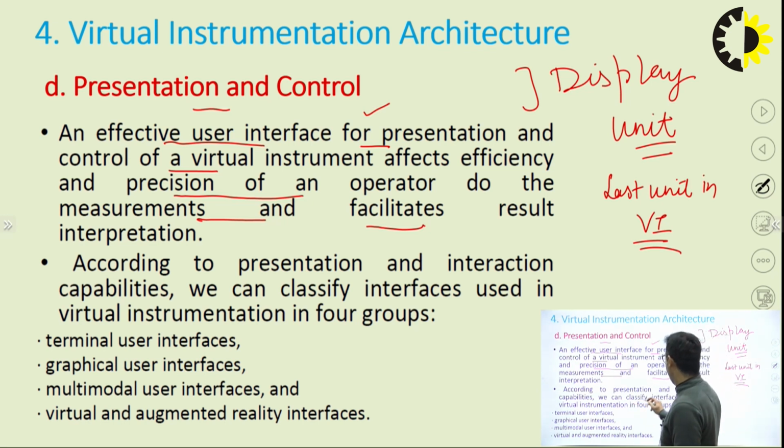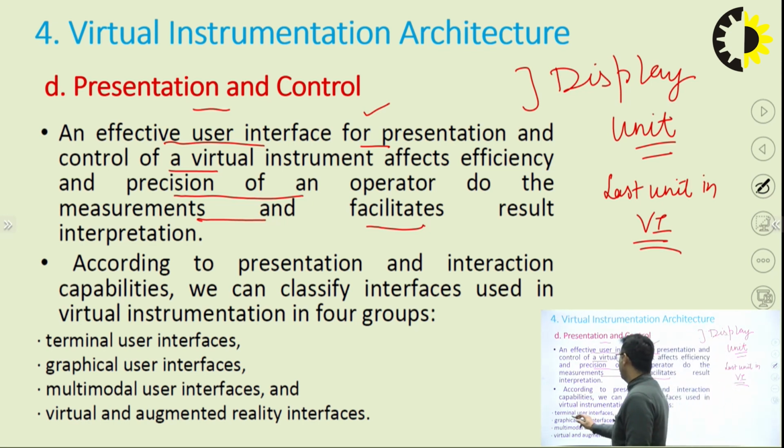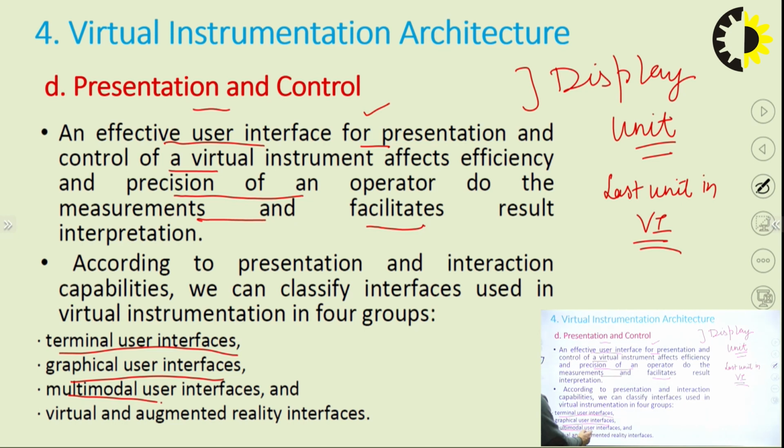So what kind of interfaces are used? That is terminal user interface, graphical user interface, multimodal user interface, and virtual and augmented reality interface. This is very much popular these days. But we are going to discuss the GUI, that is graphical user interface.